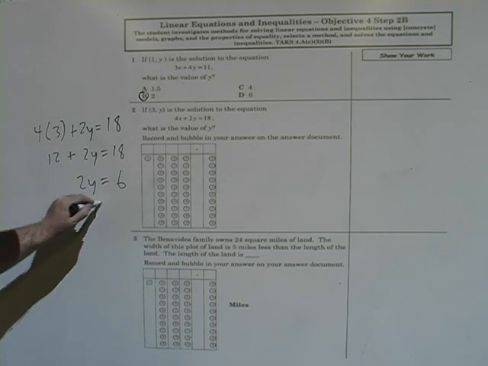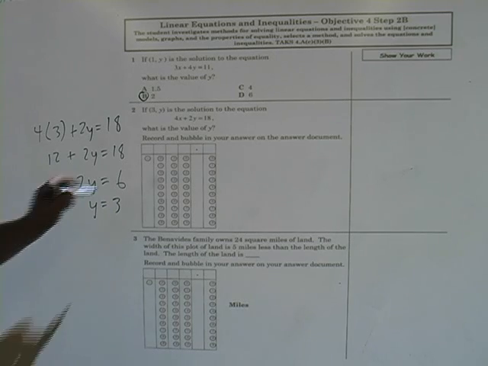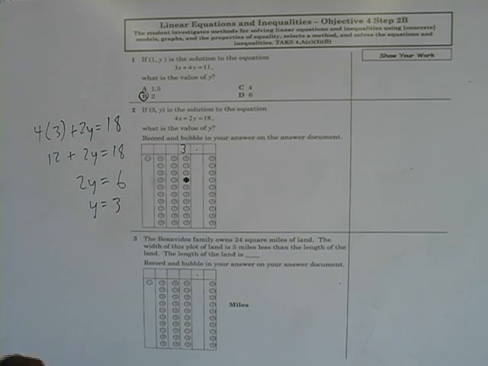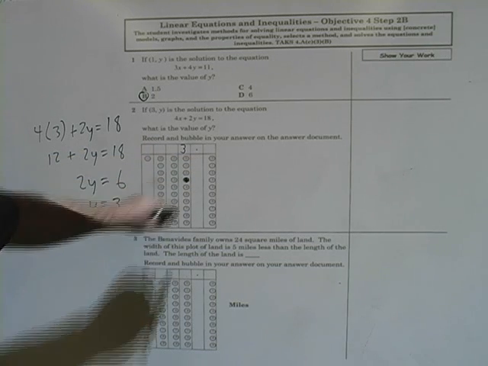Divide by 2. So y equals 3. Bubble that in just like that. Make sure the 3 is before the decimal.